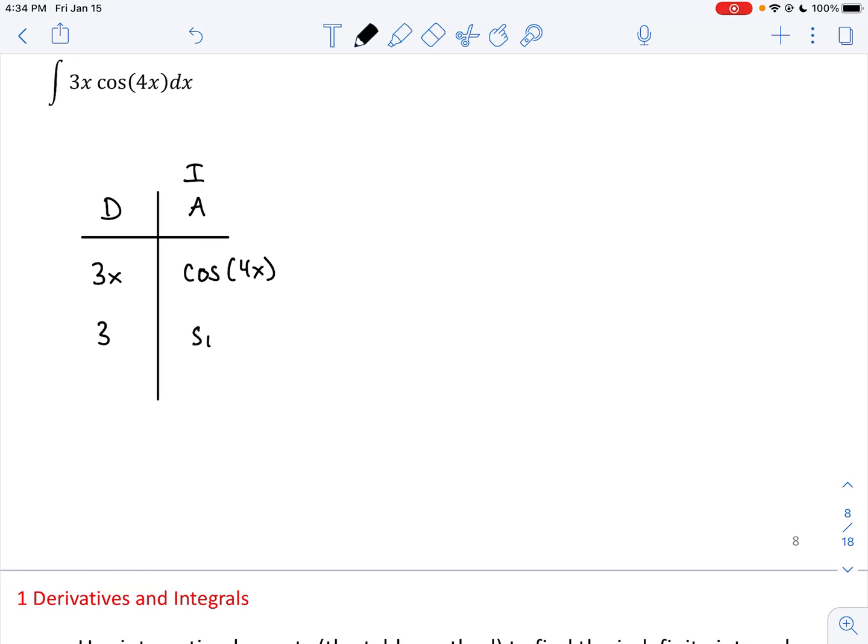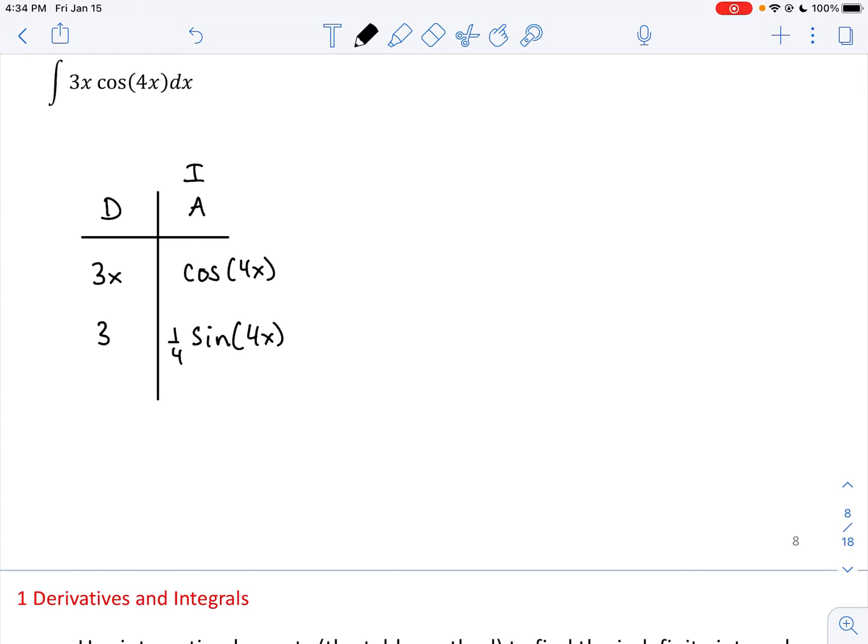Anti-differentiate cosine is sine, but a reverse chain rule means I need a 1/4 in front. Just verify, right? If you differentiate 1/4 of sine of 4x, you should get cosine of 4x, because the chain rule would output a 4, which would cancel the 1/4.